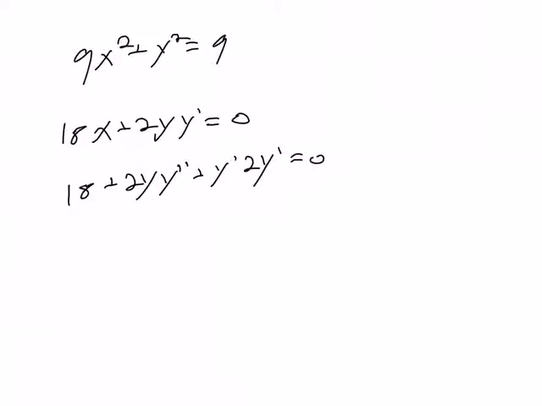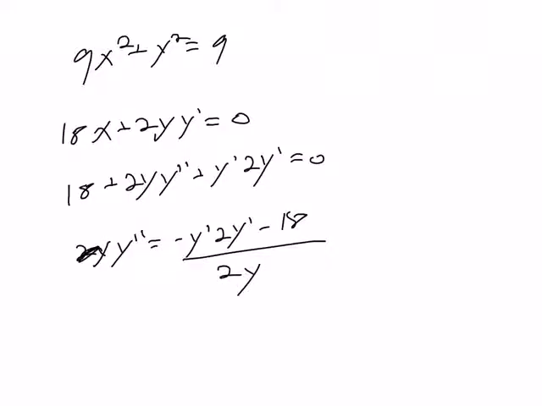In other words, we have that 2y y double prime is equal to negative y prime 2y prime minus 18. We just divide by 2y, and that's what y double prime is.